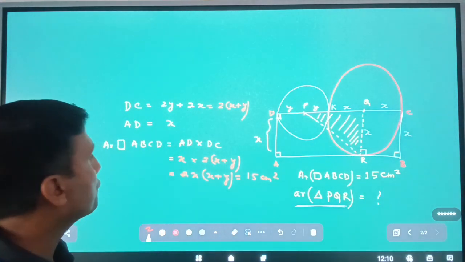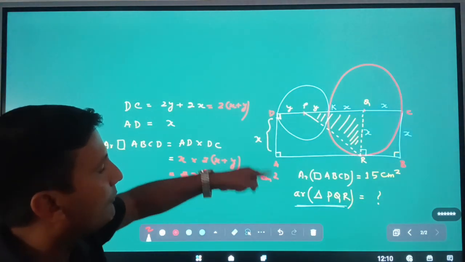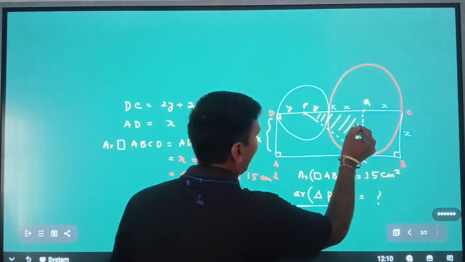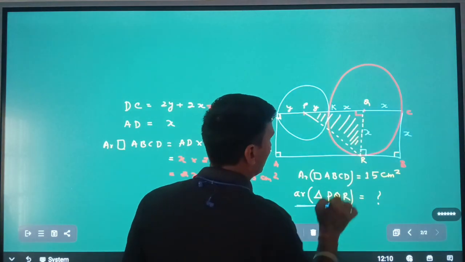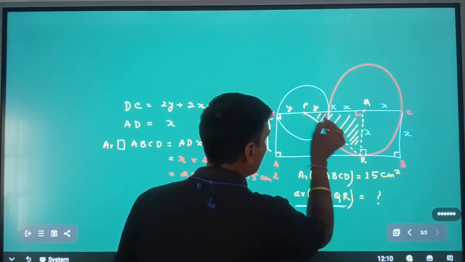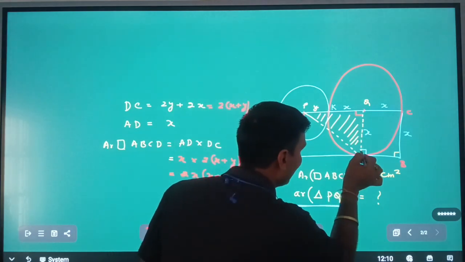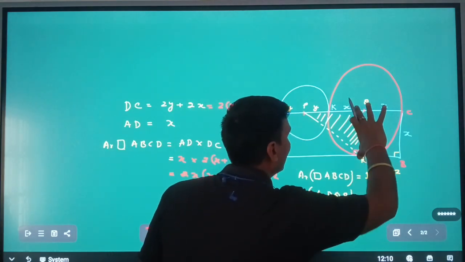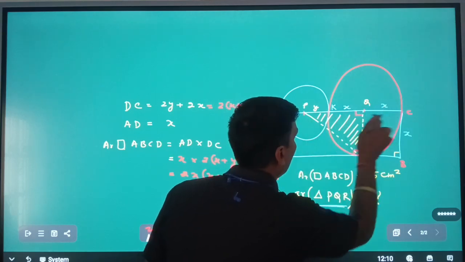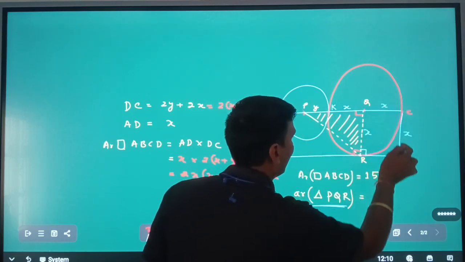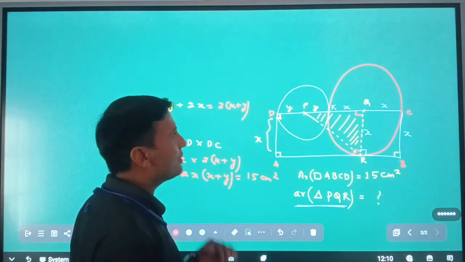Now what is our task? Our task is to find out the area of the triangle. The triangle is also a right angle triangle, as we have said earlier, that the tangent is always perpendicular to the radius. So this angle is 90 degrees, and these two sides are part of the rectangle, and the sides of a rectangle are perpendicular to each other.